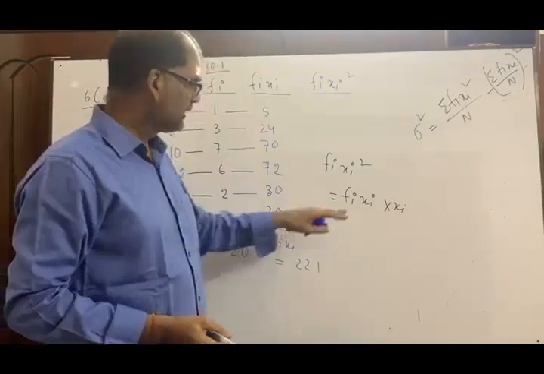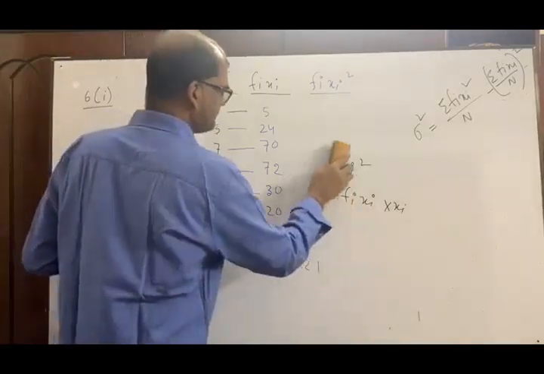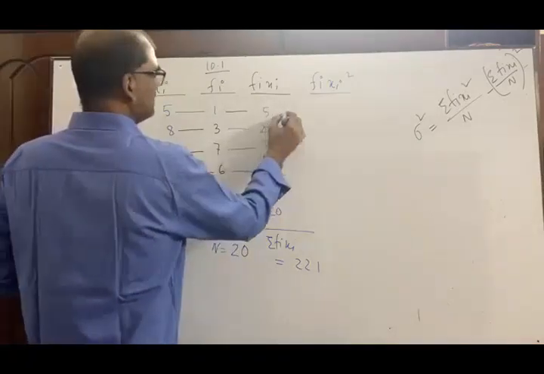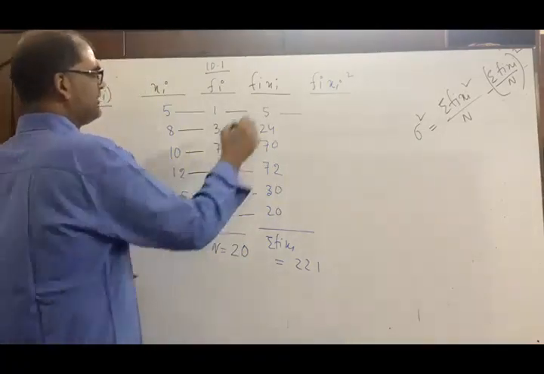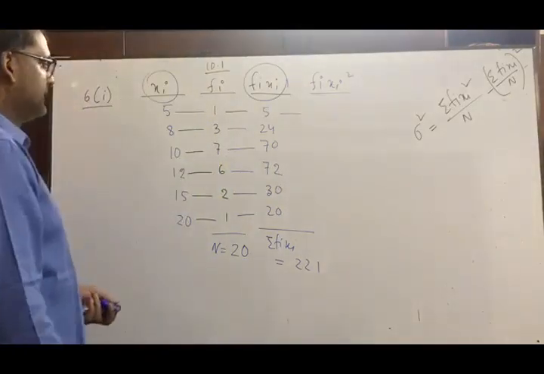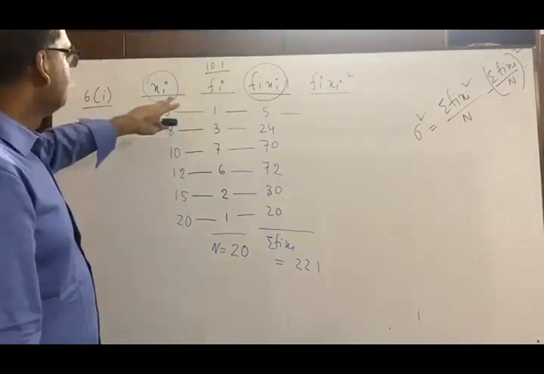So fi xi square. Now you see, this is fi xi and this is xi. These two will be multiplied.